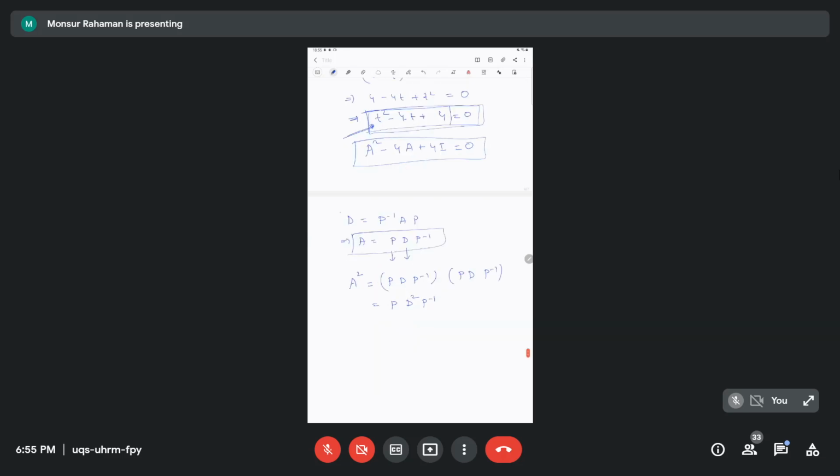If the eigenvalues of a are, suppose, 2 and 4, what will the eigenvalues of a square be? 2 square and 4 square. Eigenvectors will be the same, but eigenvalues will differ.